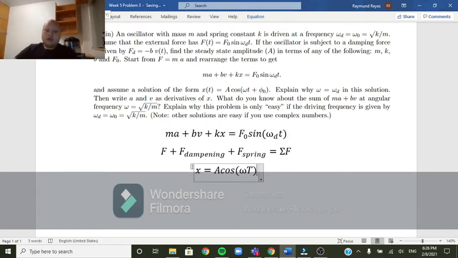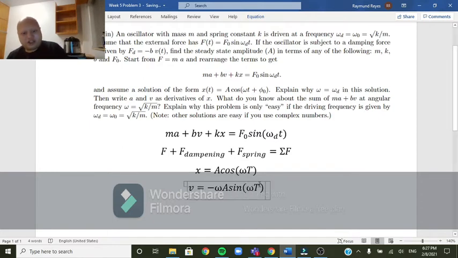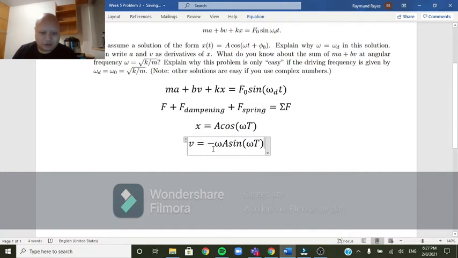So in order to get the velocity, we have to differentiate the position function, and since we're deriving it in terms of t, the omega goes out and gets multiplied by the A, and the derivative of cosine is negative sine. So there you go, that's your derivative for x: negative omega amplitude sine of omega t.